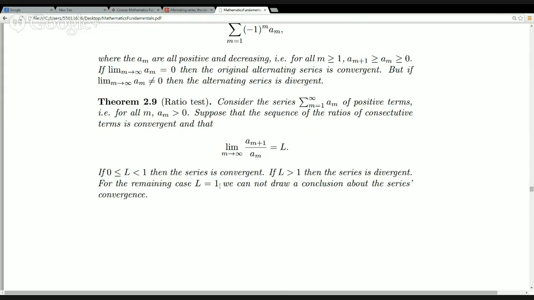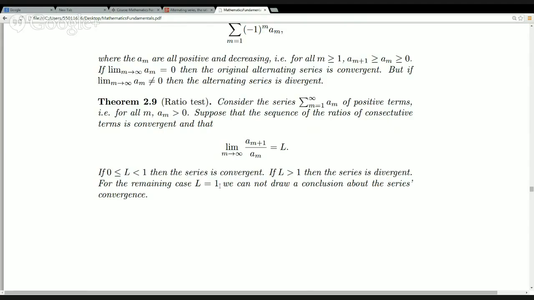Now, the main idea of the proof of this is, if the limit of a_{m+1} over a_m equals L, if this limit exists and is equal to L, then the main idea is eventually we have that a_{m+1} will be approximately equal to L times a_m.